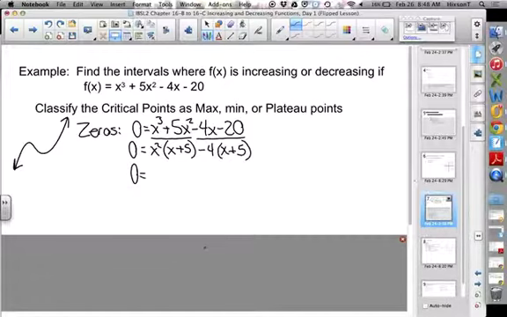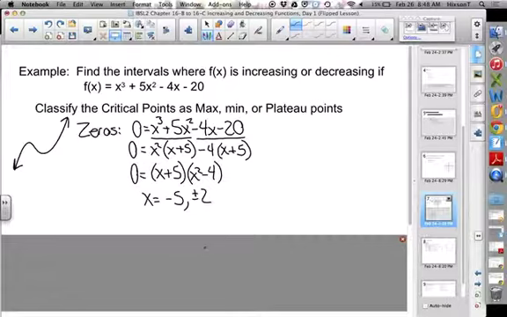So now I know that 0 equals, I have the binomial common factor of x plus 5 in these two terms, and then I have an x squared minus 4 left over. So I know that my zeros are at x equals negative 5. And what 2 do I get from the x squared minus 4? 2 and negative 2. Good. Plus or minus 2.